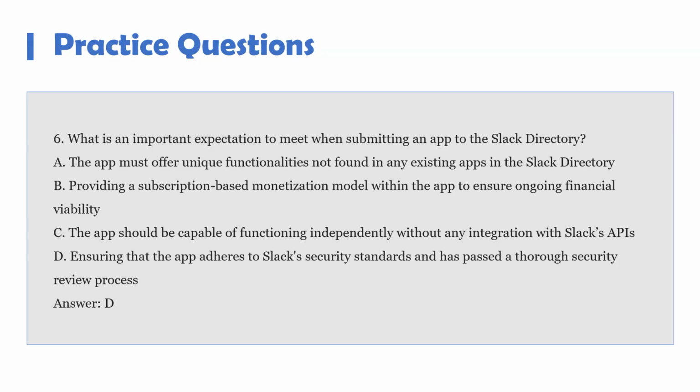C. The app should be capable of functioning independently without any integration with Slack's APIs. D. Ensuring that the app adheres to Slack's security standards and has passed a thorough security review process. Answer: D.